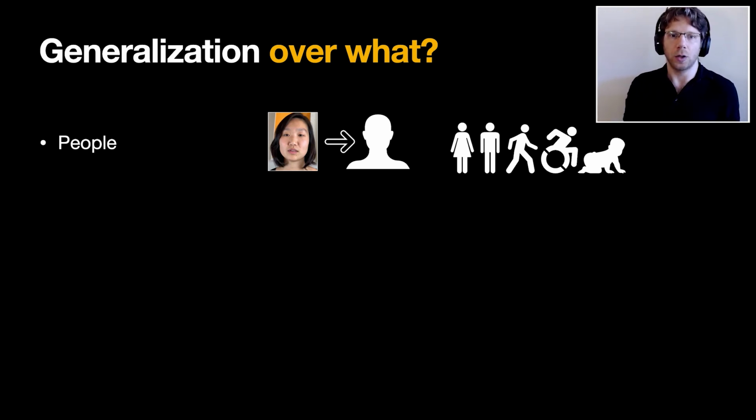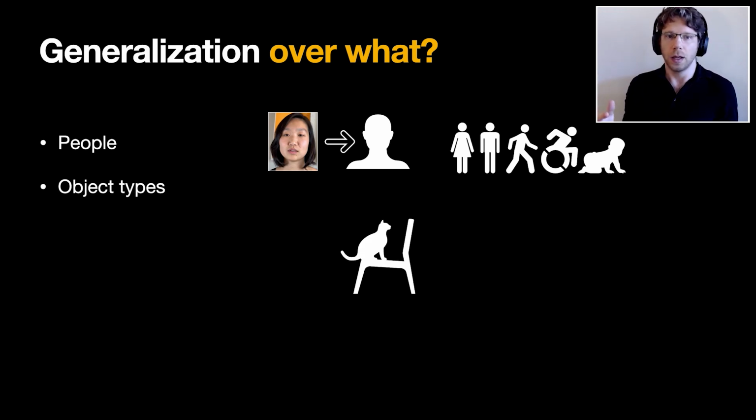But of course, people are not the only object class in the universe. We have various algorithms that are pretty robust when they see cats and chairs, just because we have large data sets for cats and chairs. But what we really want is algorithms that can handle arbitrary objects, even if we don't have lots of data for such objects, and perhaps also handle objects that we never saw before.